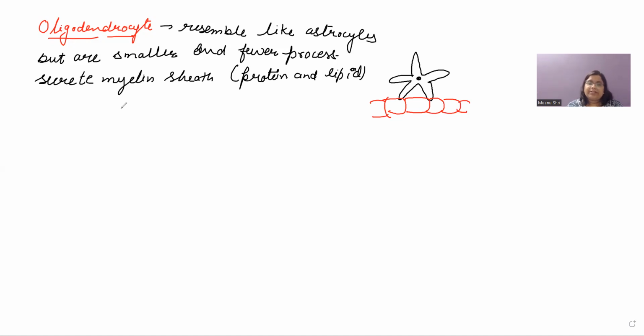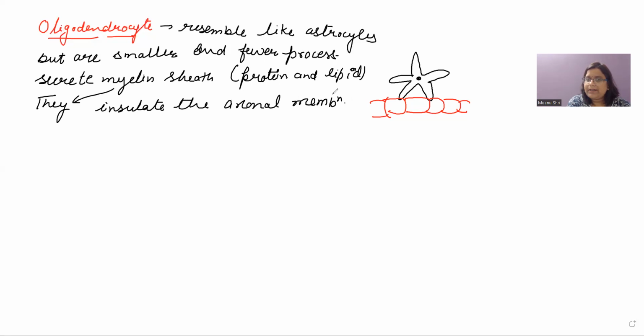The function of the myelin sheath is that it insulates the neurons. The myelin sheath is insulating the axonal membrane. And what will happen when the insulation of the axonal membrane is done?